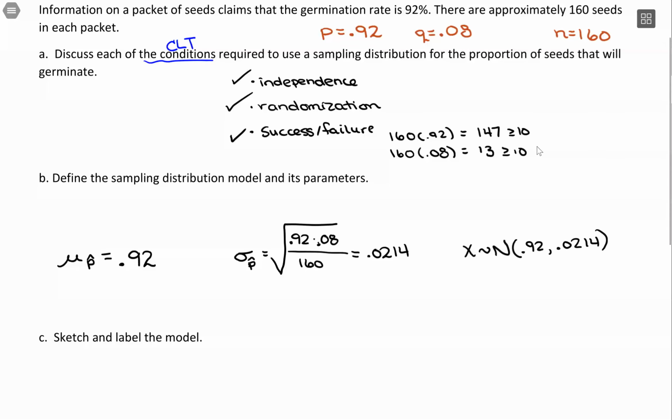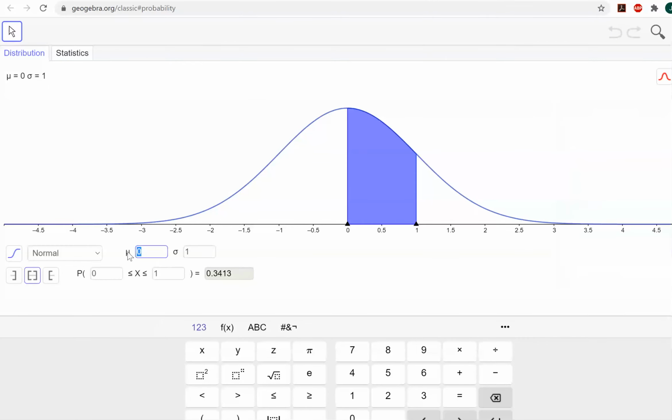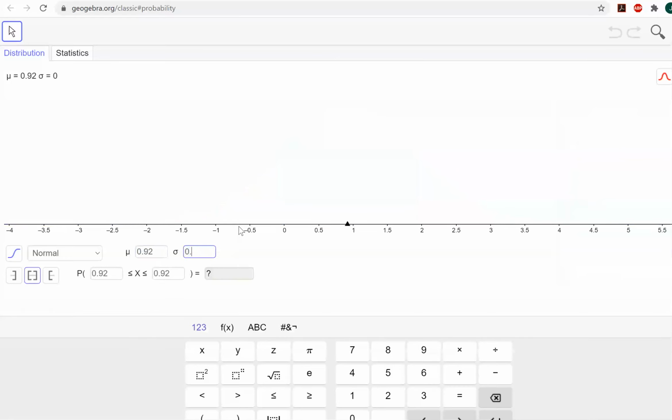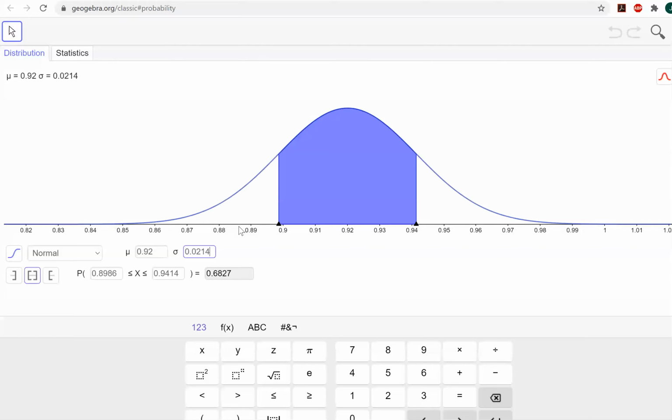At that point, we could go ahead to GeoGebra and start to see what our model looks like. We have a 0.92 and a 0.0214. Something to keep in mind in this section, and it's going to come through in confidence intervals and hypothesis tests as well, is that we're dealing with proportions here, which are percentages, so you should be stuck between 0 and 1.